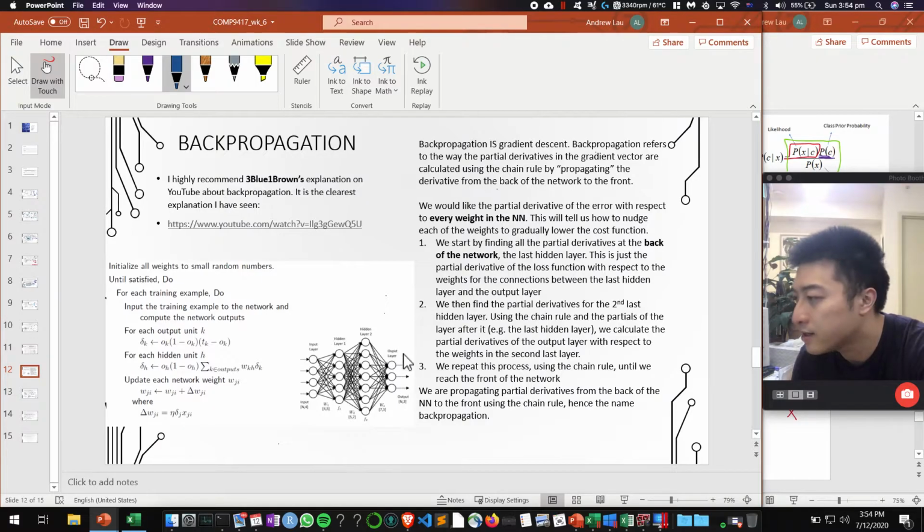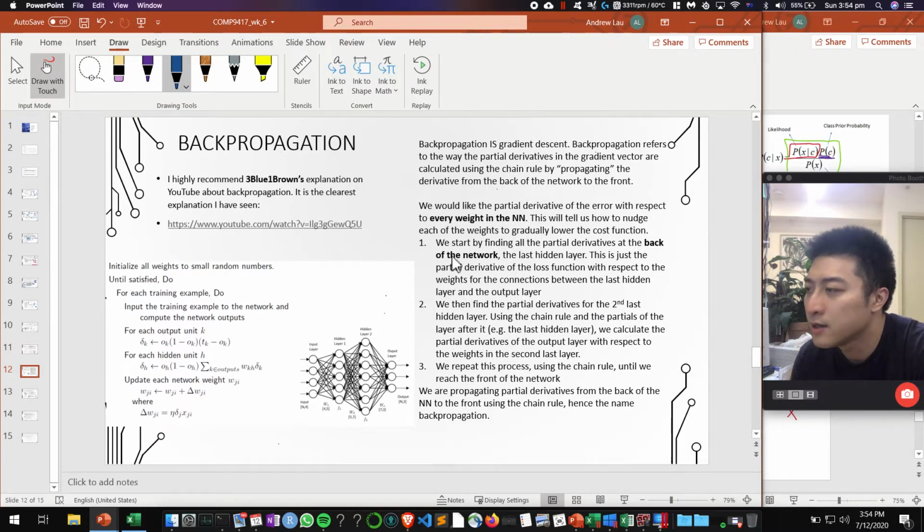But the previous ones depend on the hidden layers in front of them. For this weight here, you want del of the cost function over del of this weight, but we use the chain rule, taking the partial derivative from here and propagating it back to here to get the partial derivative.